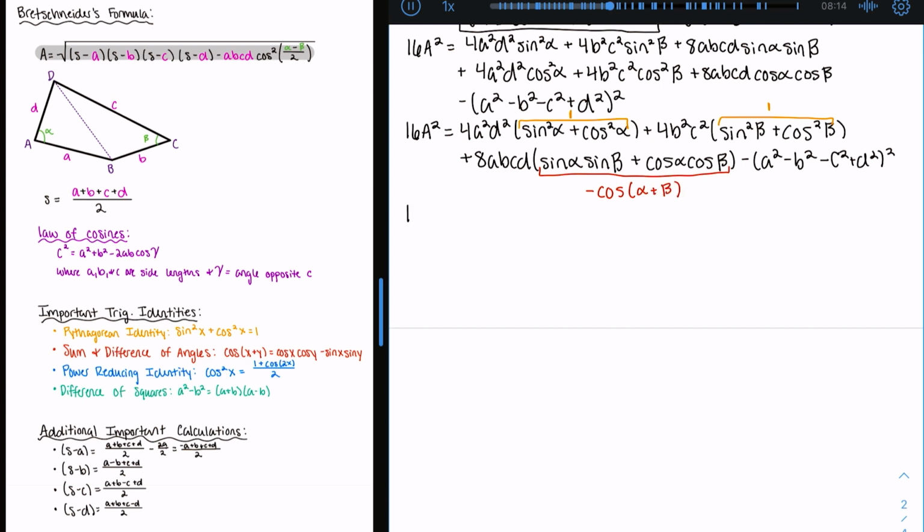So now if I rewrite everything, we have 16a squared equals 4a squared d squared plus 4b squared c squared minus 8abcd cosine of alpha plus beta, and then we're still bringing down this last piece.